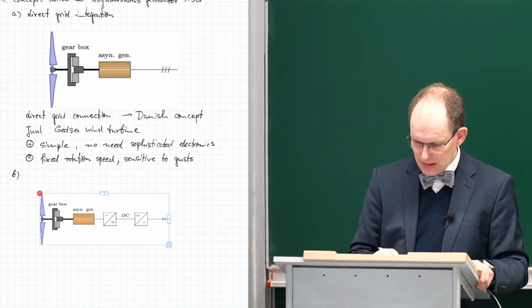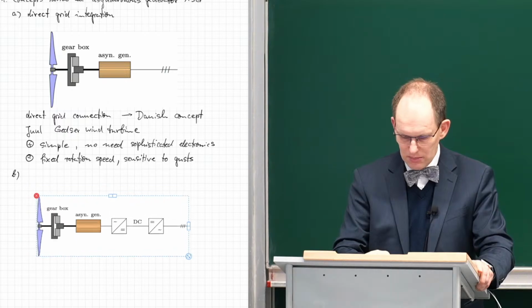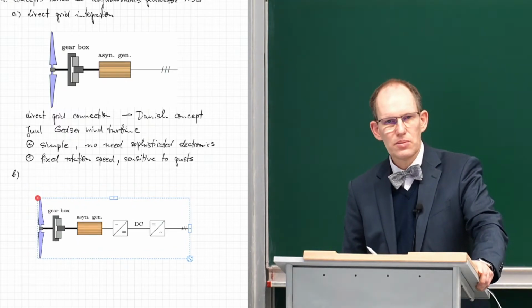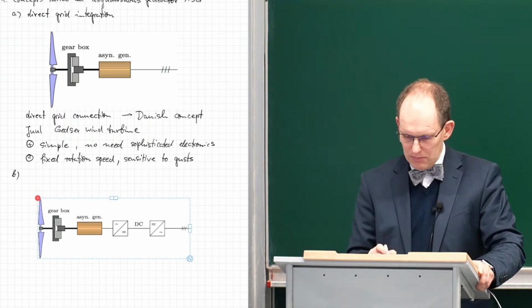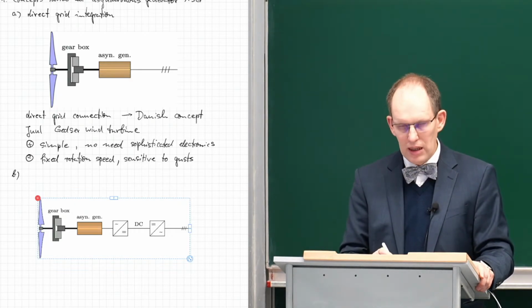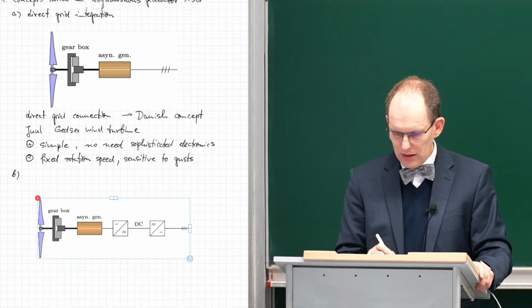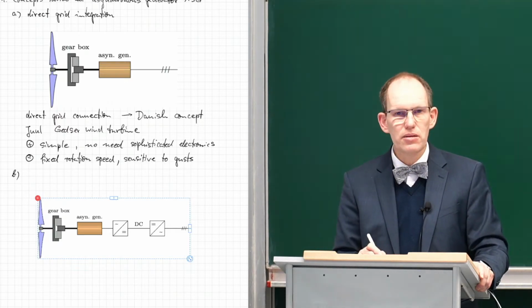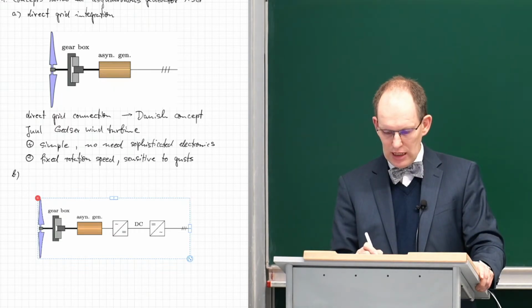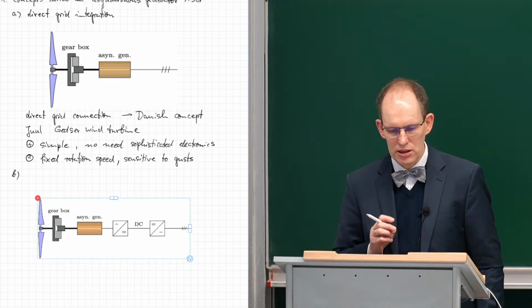So the next concept here depends already heavily on modern electronics. What you would do would be just to transform the alternating current that comes out of the asynchronous generator into direct current, and then transform it back to alternating current, right?